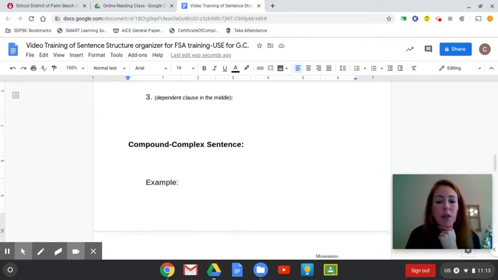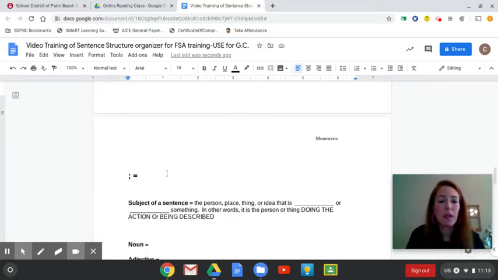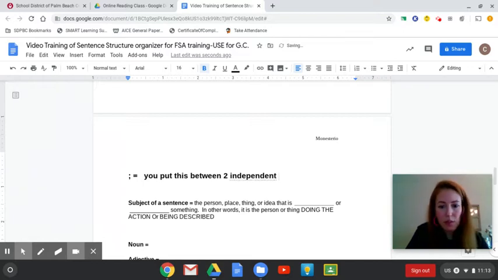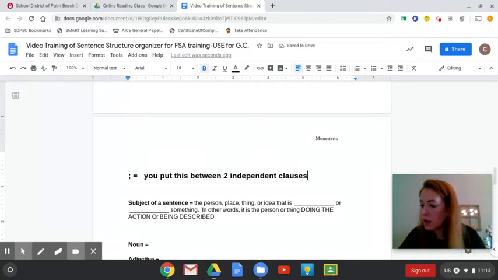Okay, so let's go ahead and put our definition down below for a semicolon. Let's put: you put this between two independent clauses. I'm having trouble typing today because I'm talking and typing at the same time. Okay. You put it between two independent clauses.